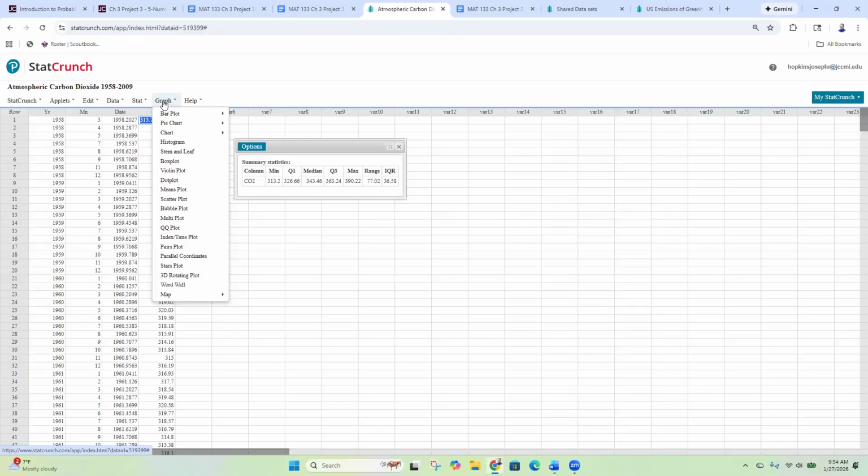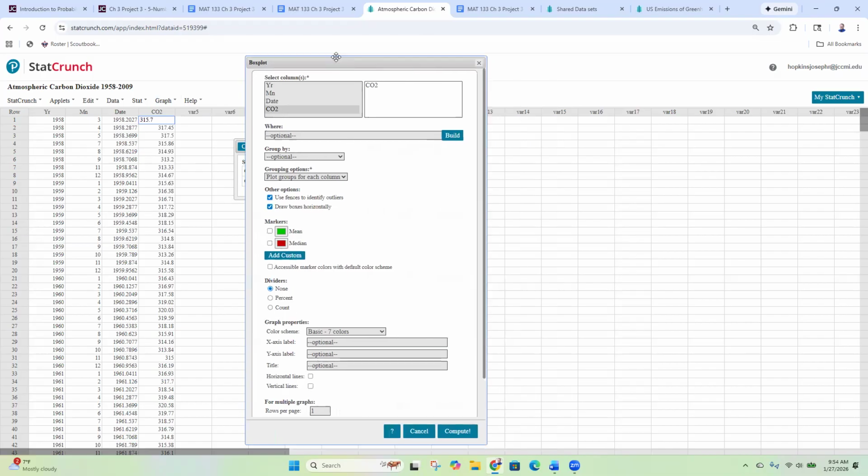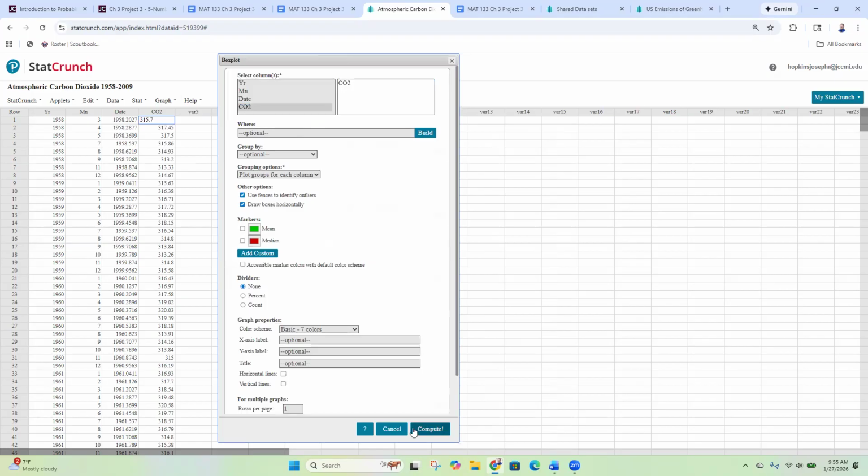And you're going to hover over graph and then box plot. Select the same quantitative column that we've been using. And then right here, we're going to click draw boxes horizontally. And we'll hit compute.